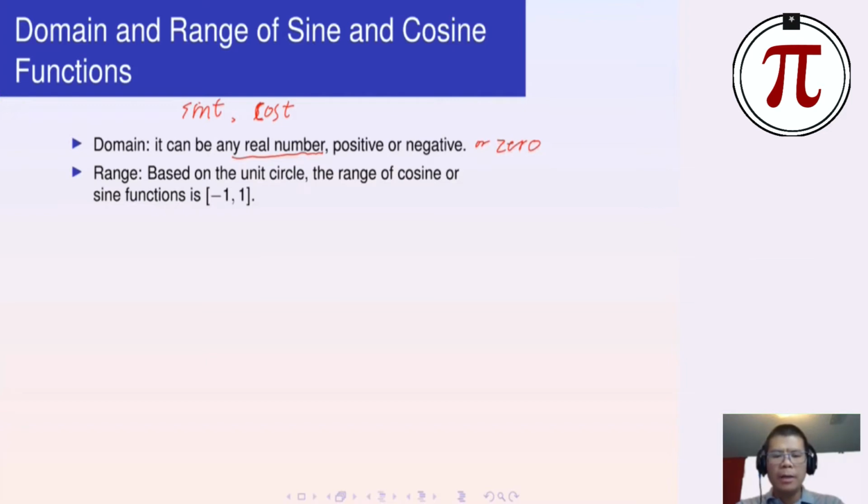But the range, the set of possible values taken by the functions, is between -1 and 1. The range is the closed interval [-1, 1]. So that's the domain and the range of sine and cosine functions.